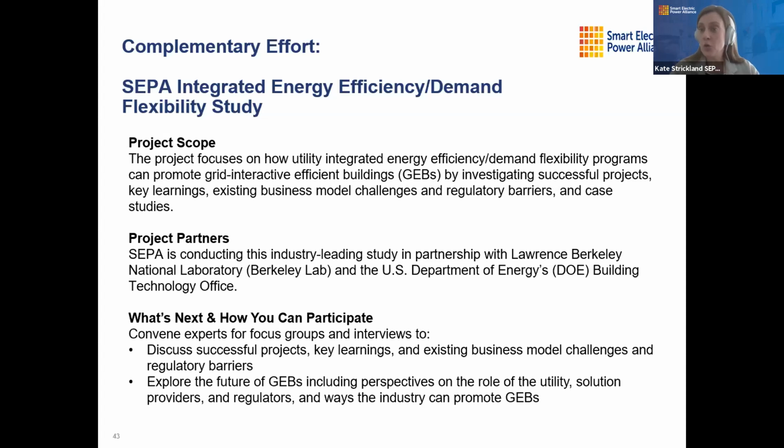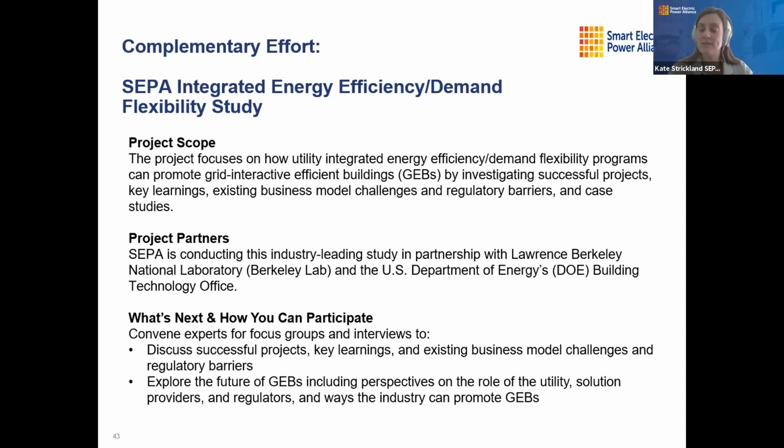And the project scope, separate from NSPM but complementary, is focused on how utility integrated energy efficiency and demand flexibility programs can promote GEBs.